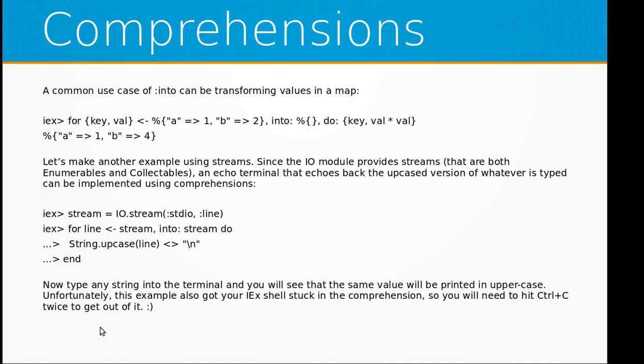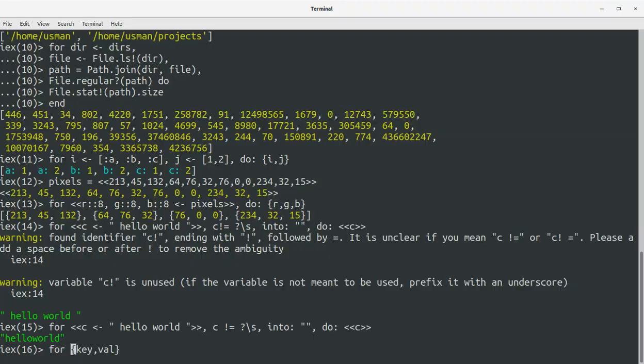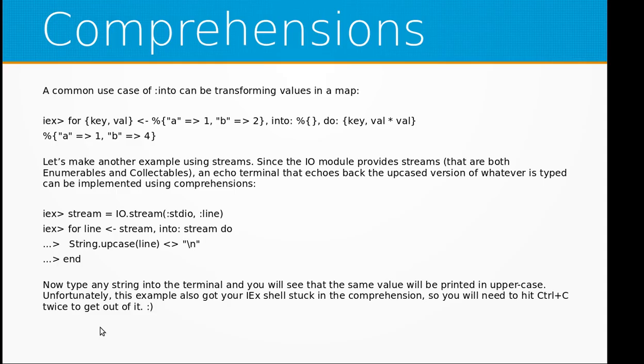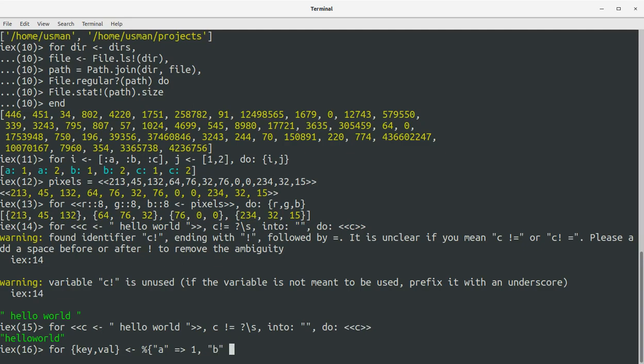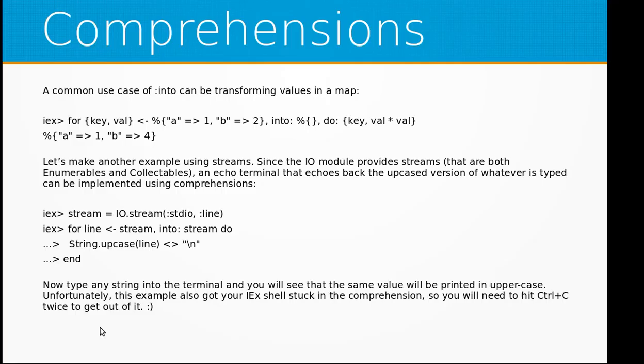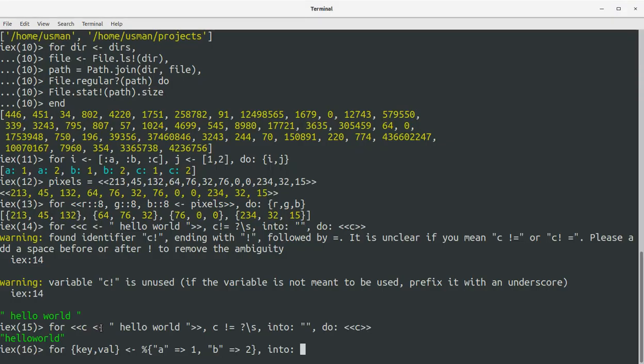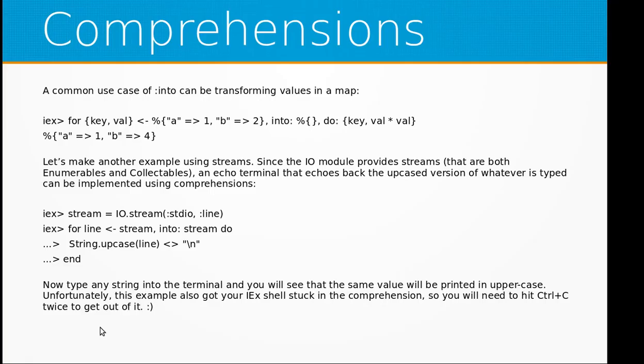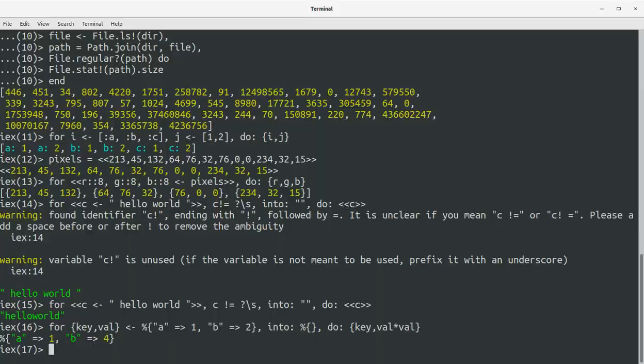So let's say we have a key value tuple assigned to string A, value 1, we have string 2, B, 2 into empty tuple do key val multiply by val. Okay, we got the result.